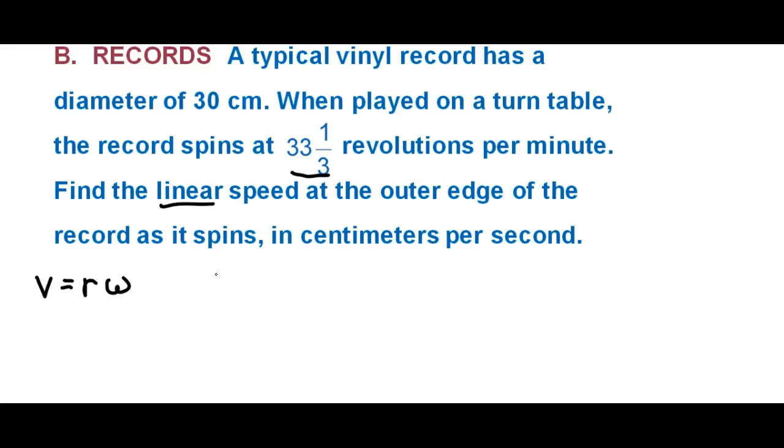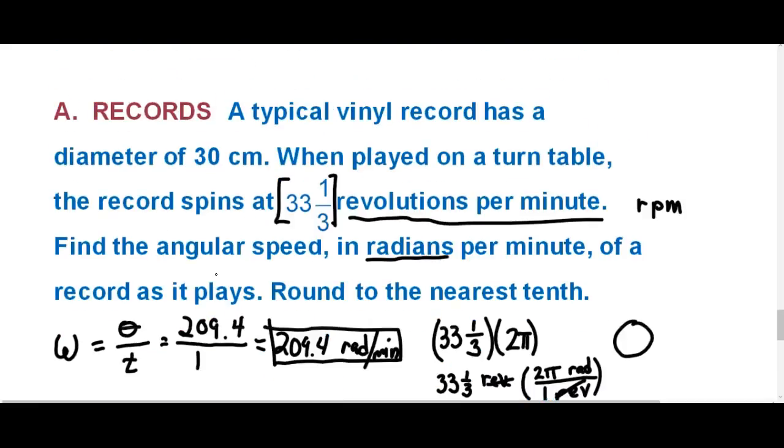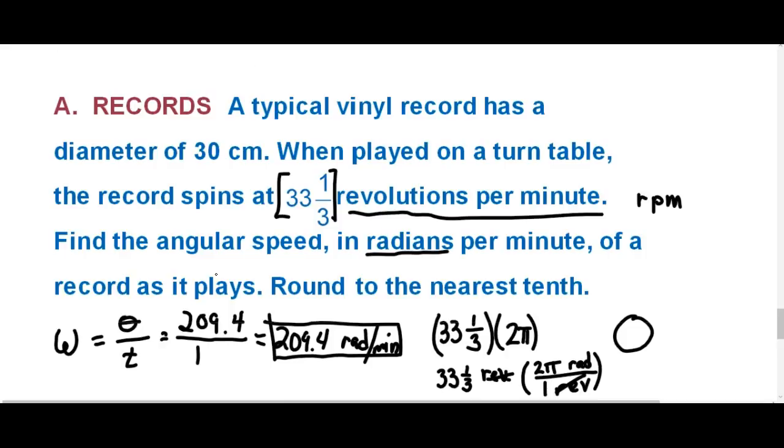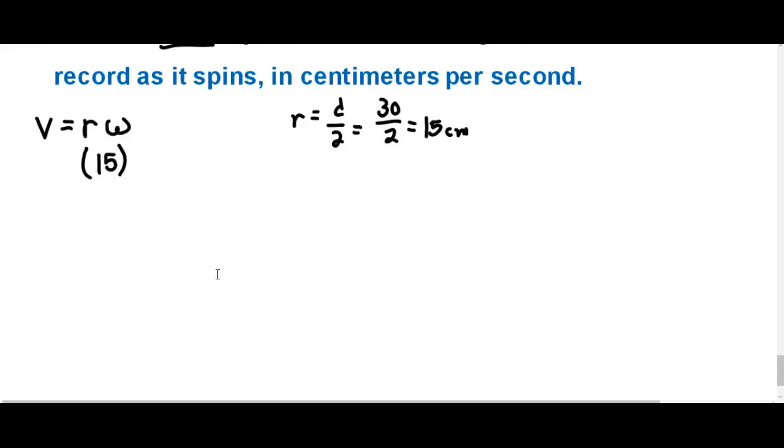And the linear speed is the radius, which they give us the diameter. That means our radius, which is the diameter over 2, ends up being 30 over 2, or 15 centimeters. So we'll simply take 15 times our angular speed, which we found to be 209.4.